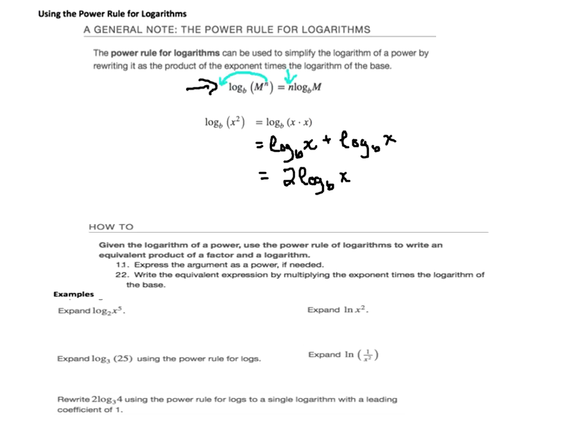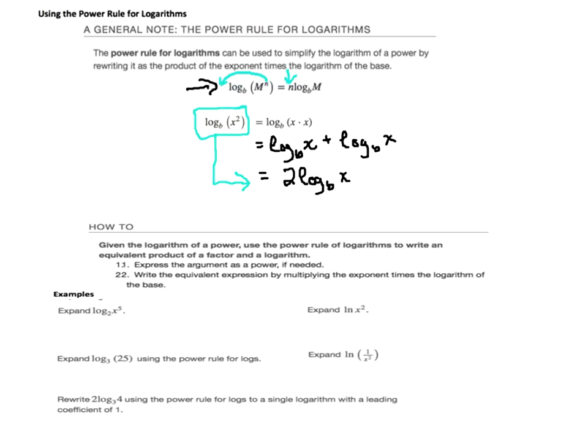So notice the rule told us we could have skipped all this inside work and just recognized that I can pull that exponent out front and multiply it by the logarithm.